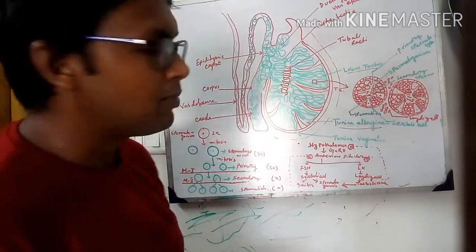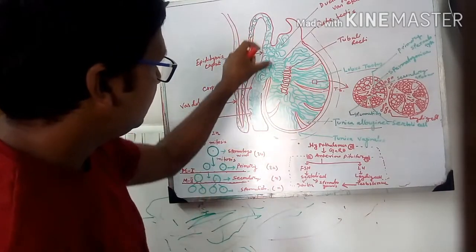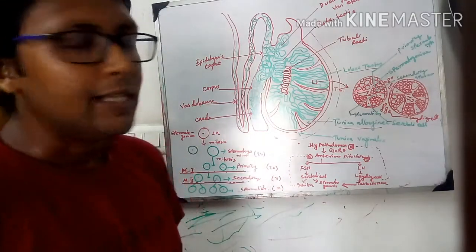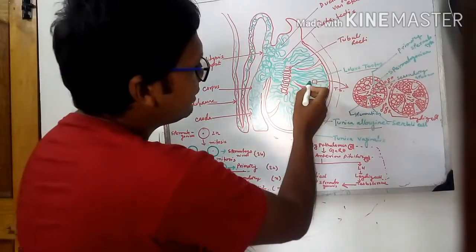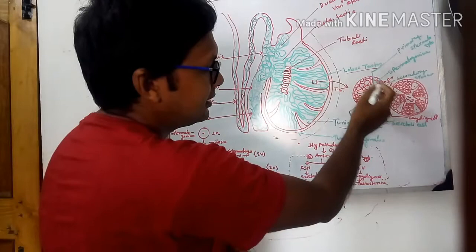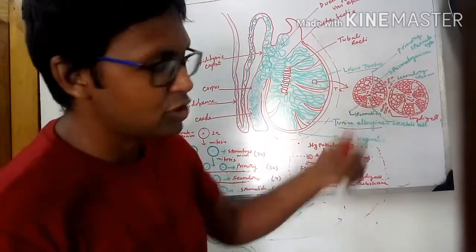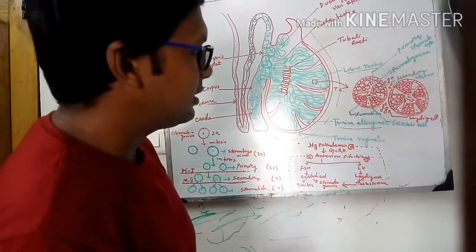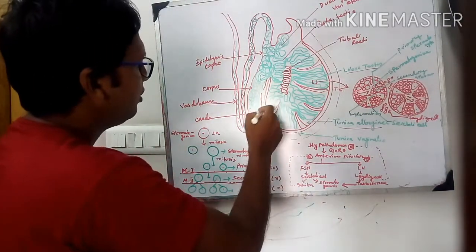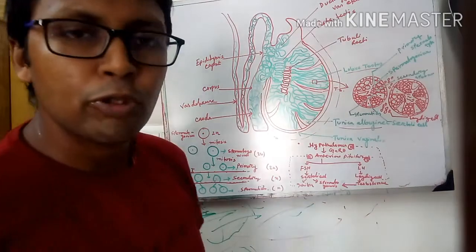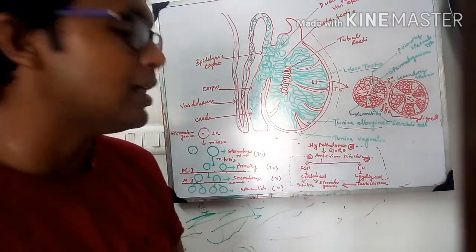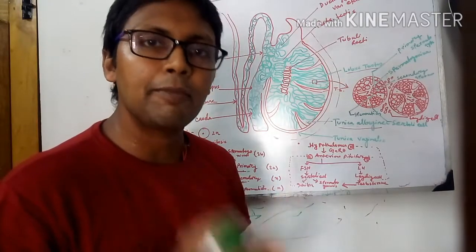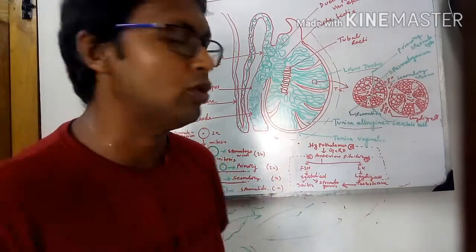What is the function of the epididymis? Why is this secondary structure present? Here we have a section of a single seminiferous tubule, two seminiferous tubules, a frontal section. Inside the seminiferous tubule, sperms are developed, but they are present in an immature condition.